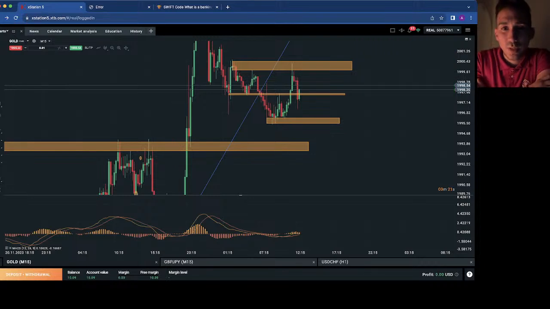I didn't lose any money, but since I was trailing this trade, it stopped me out. But let's see if we still have another opportunity, or if we change the trajectory, and we have another opportunity to go long.